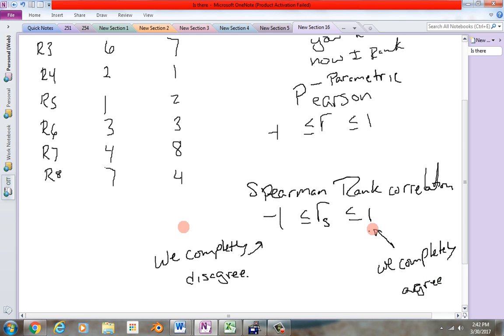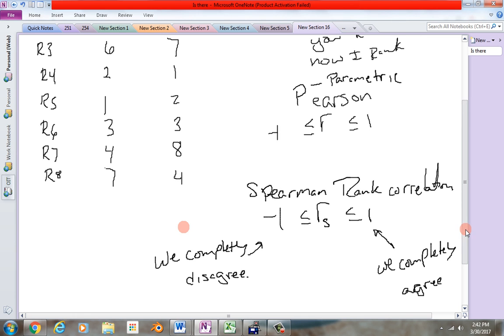That's a 1 correlation coefficient. Anywhere in between, of course. If it was 0, what would that mean? Well, it would mean that we don't agree really, we're kind of all over the map. In other words, we're not 100% opposite, we're not 100% for, we're kind of all over the map.